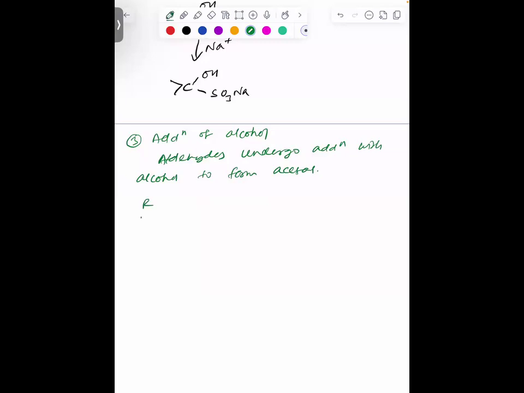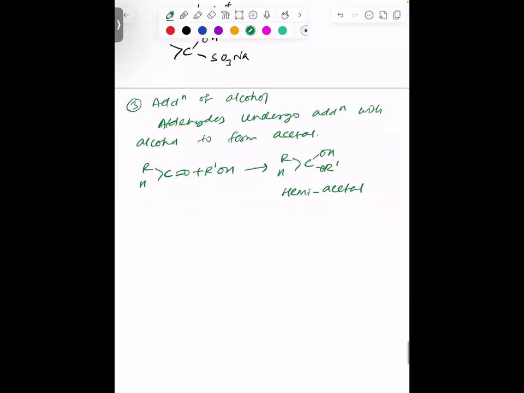Suppose we take this OH. So first this is hemi, O dash hemi. Hemi means half, similarly half acetal, hemiacetal.